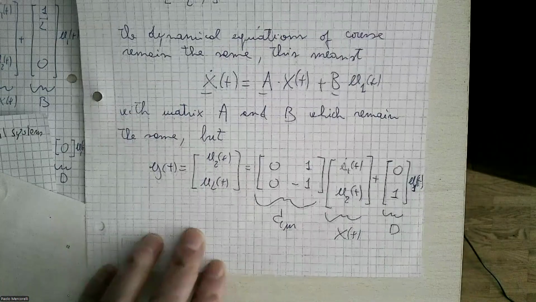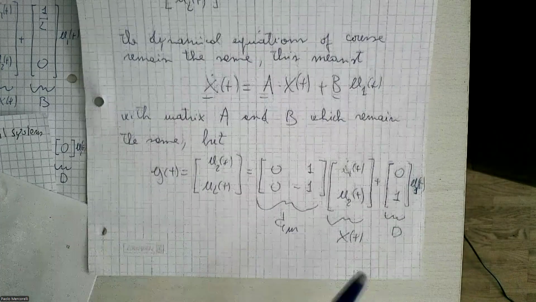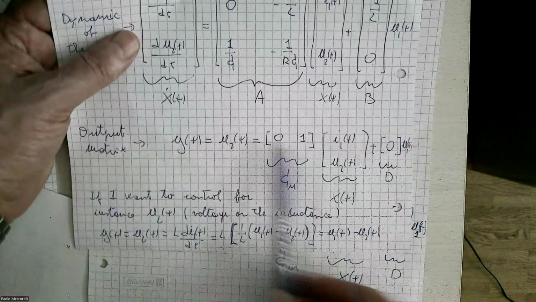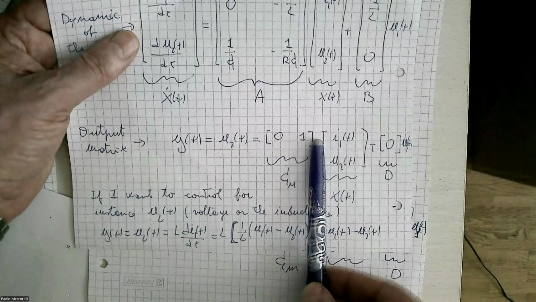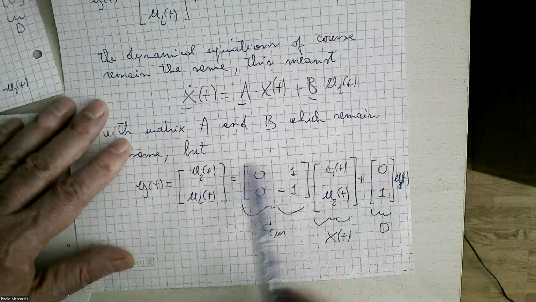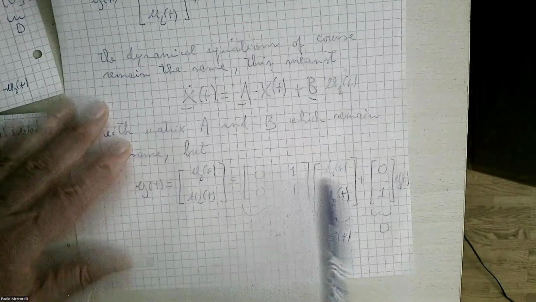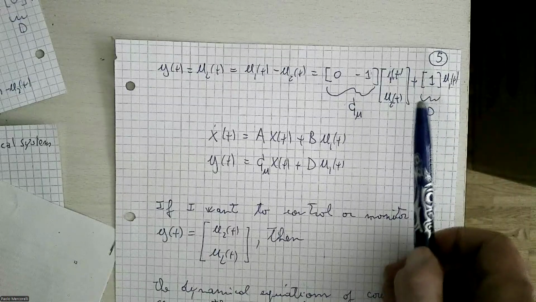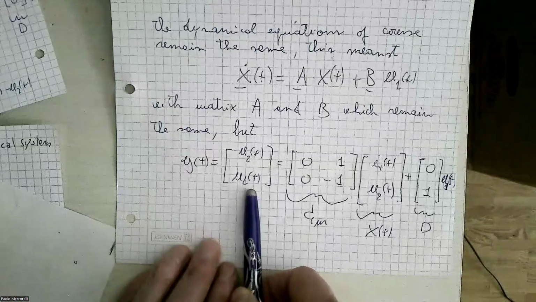Why that? Because I have to combine this information here, the first row of the matrix C, 0, 1, and then I have to consider this information here as the second output, if I put UL as the second output.